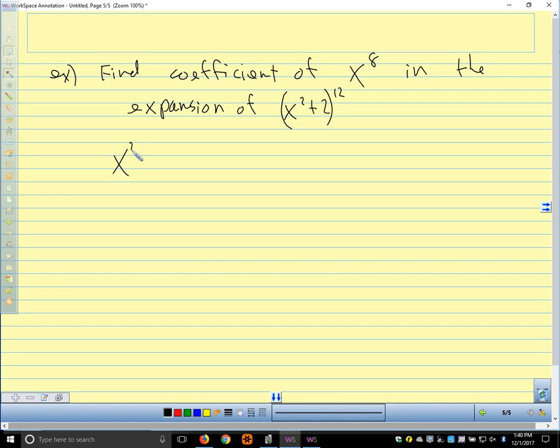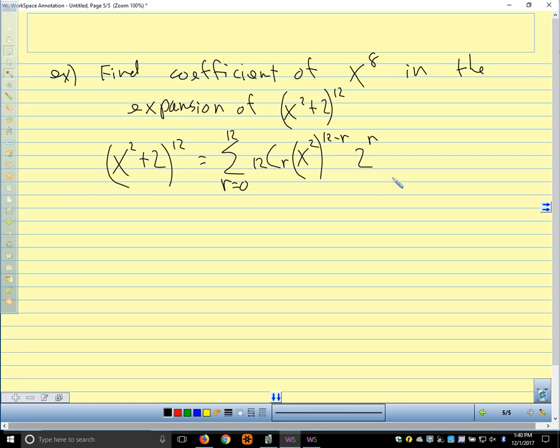So we know that (x squared plus 2) to the 12th is the sum, r equals 0 to 12, of 12 choose r, (x squared) to the 12 minus r, times 2 to the r. n is 12.